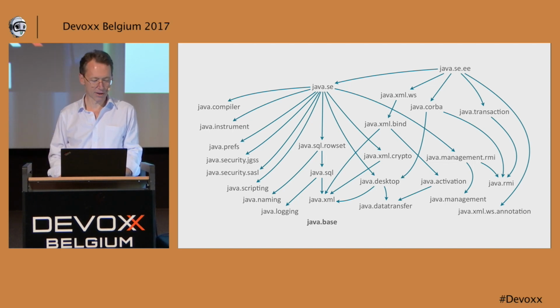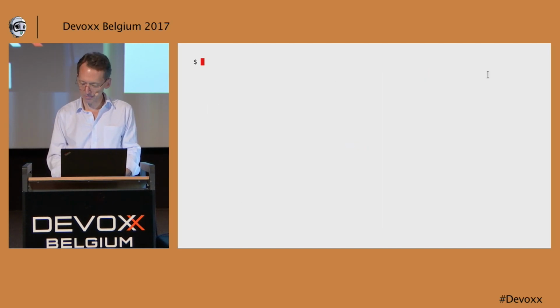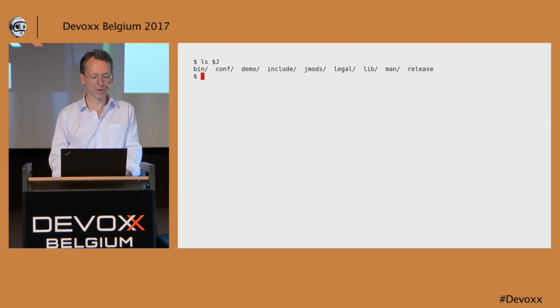Let me show you an example of how to do this for our little Hello World app. If I look, I've got this environment variable, $J, which points to the JDK build I'm using. There's a new directory in a JDK build as of JDK 9 called jmods, and that has a bunch of files in it.